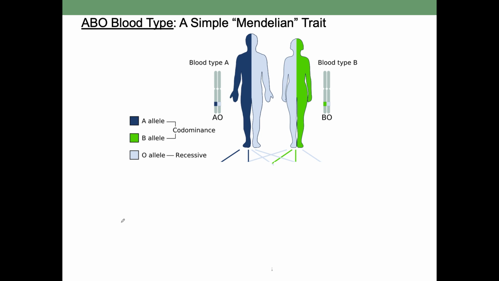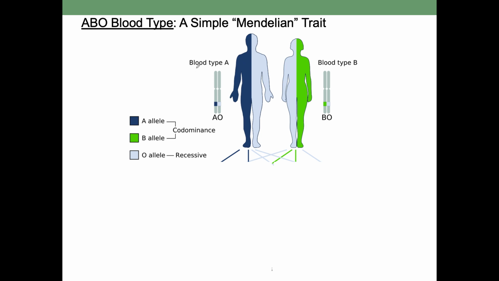And so this is an example of one of a few so-called simple Mendelian traits where we can treat this like the pea plant. We can treat this like the hamster coat color. So I'll start by explaining the different blood types here.